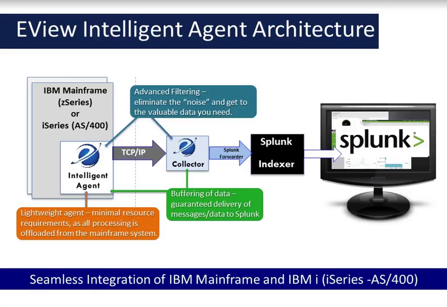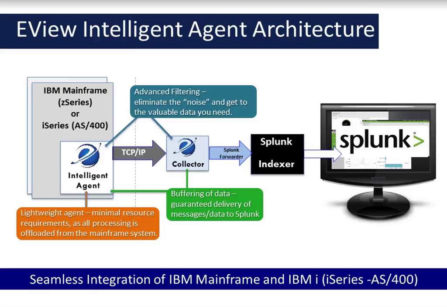Since it is a multi-purpose agent, we actually do have customers that are using the same agent to send data to multiple platforms, not just Splunk. We do have a filtering capability on the agent that helps you control the amount of data that's sent over to the collector. It's a basic level of filtering based on certain parameters about the type of data that is being sent, so that you can control how much data is sent to the collector.